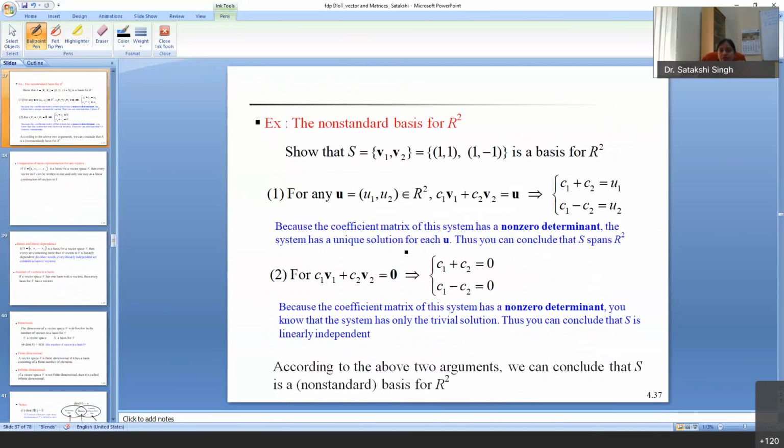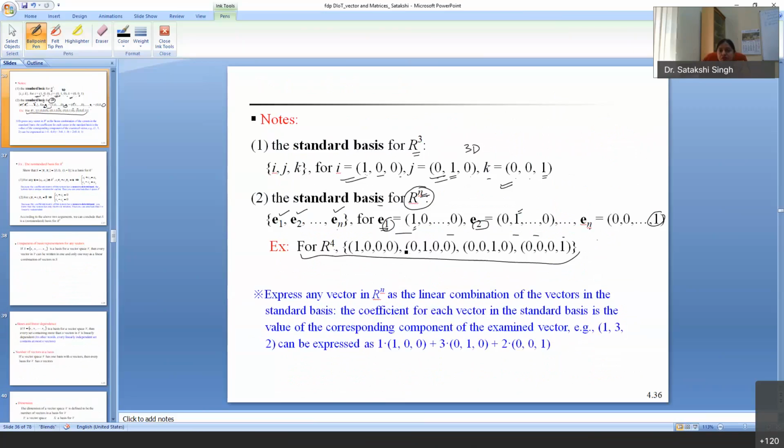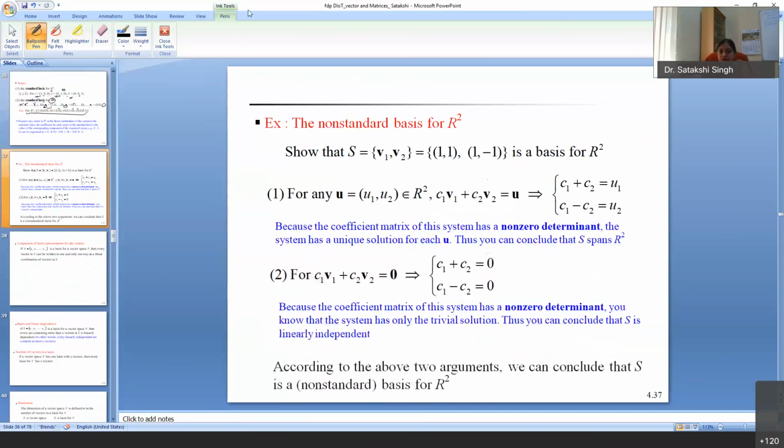Now, not only do we have the standard basis for any n-dimensional vector space, we can have some non-standard basis also for the given vector space, as in the example here. Let us see, you have been given this set of vectors, which has the vectors (1, 1) and (1, -1). You have to check whether this is a basis for R2 or not.